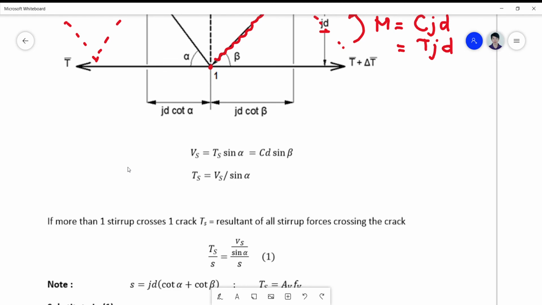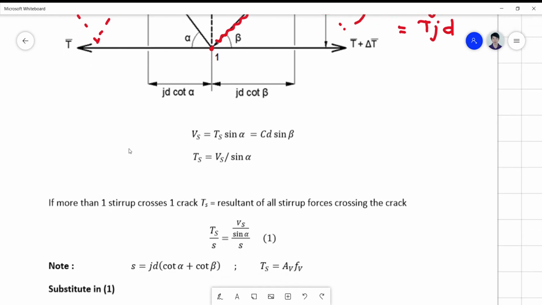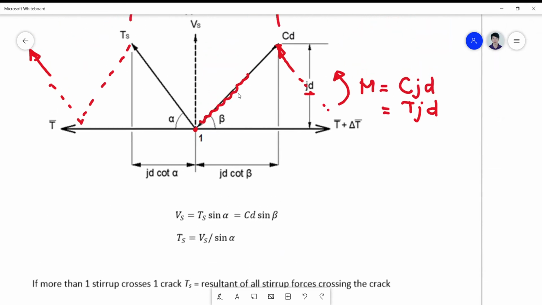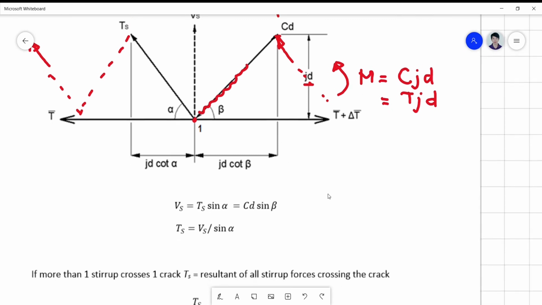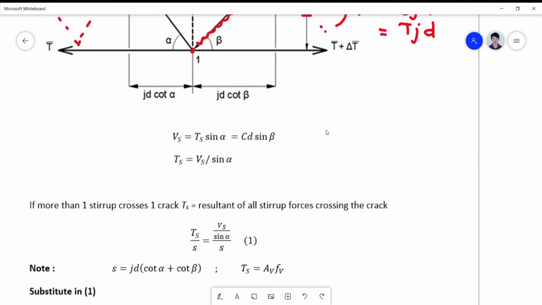And if more than one stirrup crosses one crack, then Ts is simply the resultant of all the stirrup forces crossing the crack. So let's say this crack has a lot of stirrups crossing it, then your Ts is simply the total, or the resultant, of all the stirrup forces which cross your crack.